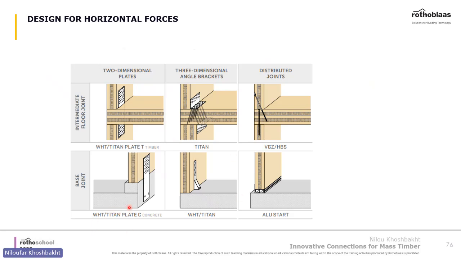For the first floor, we have 2D solutions like plates, WHT or Titan hold downs, and we also have the innovative connection AluStart, which is basically a continuous hold down. For intermediate floors you can also use plates, our innovative angle brackets, or even just screws.